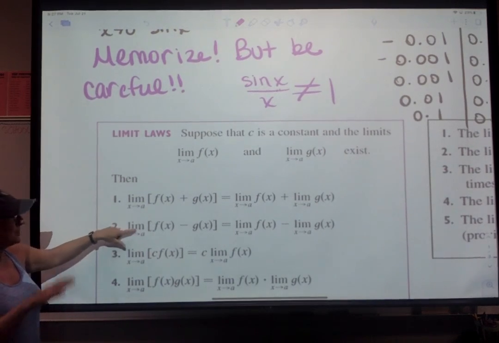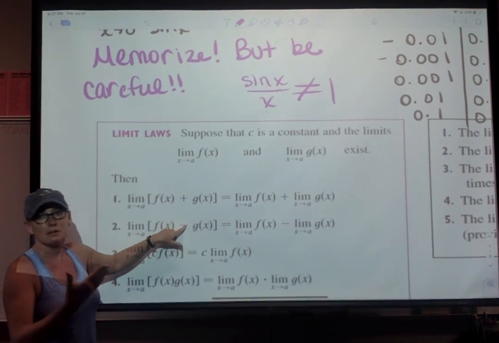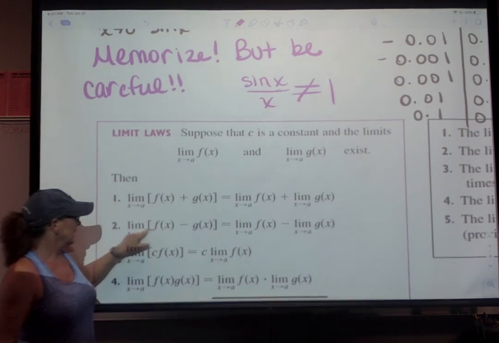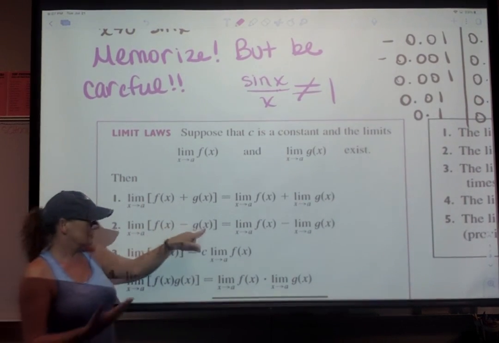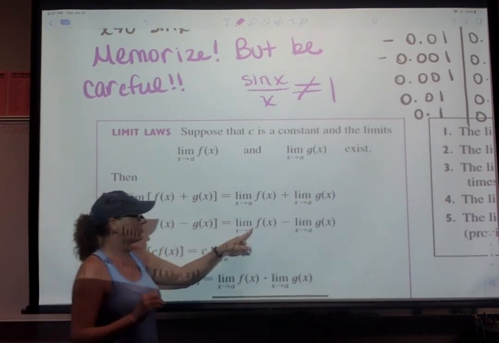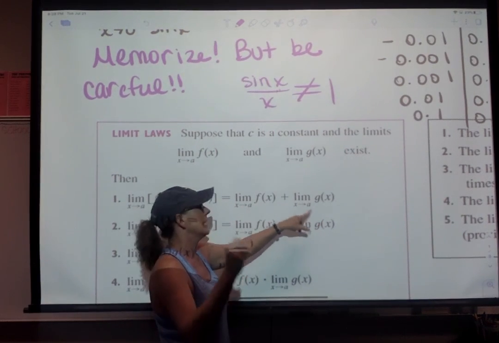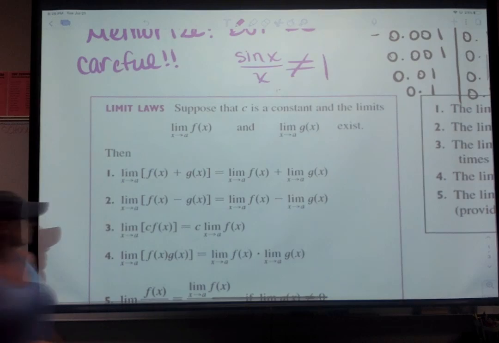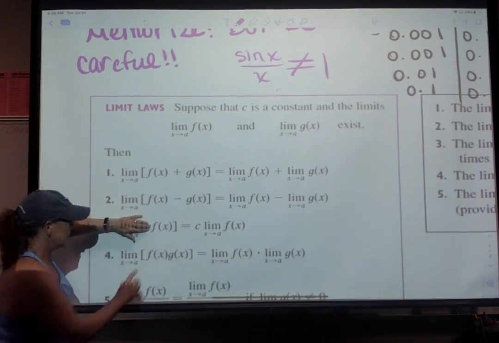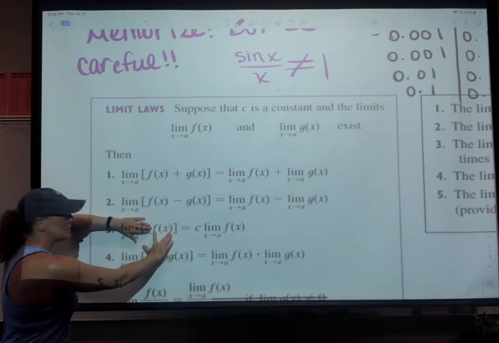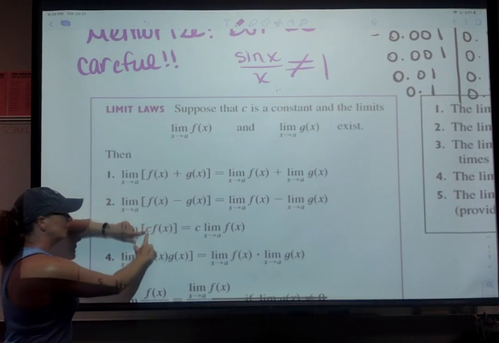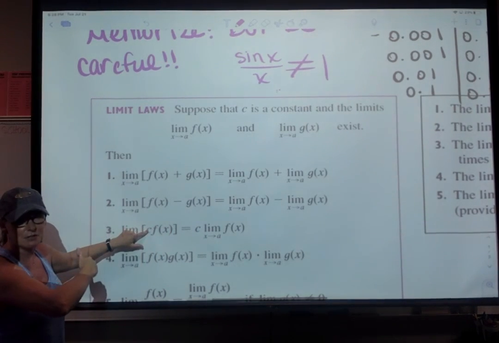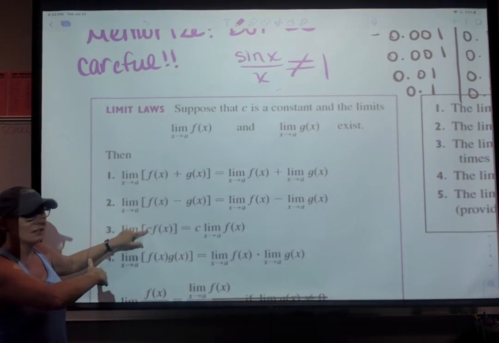Limit law number 2, same exact thing, only with subtraction. If I'm doing a limit, and it looks like two things are being subtracted, I can do each limit separately and subtract them. Limit law number 3. Suppose I'm doing a limit on a function, but this function has a coefficient out in front of it, some constant.